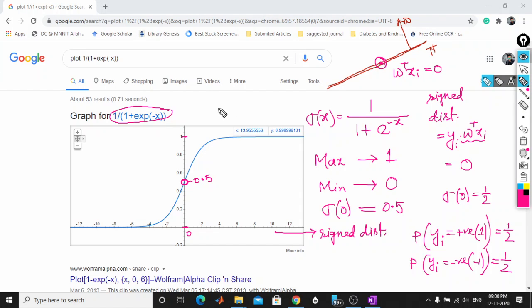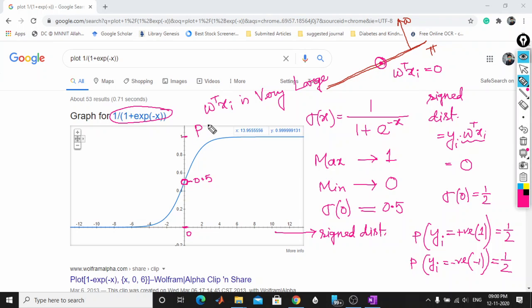So if W transpose xi is very large, then what does the sigmoidal function do? If it is large, the sigmoidal function pushes the value as close as possible to 1.